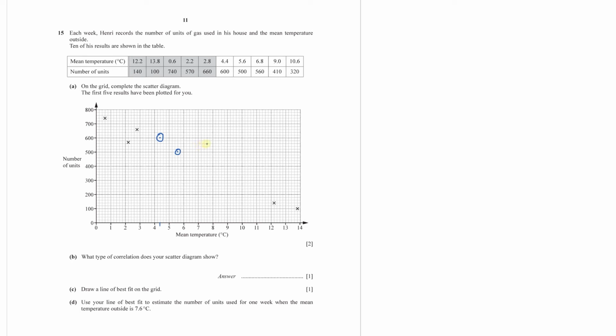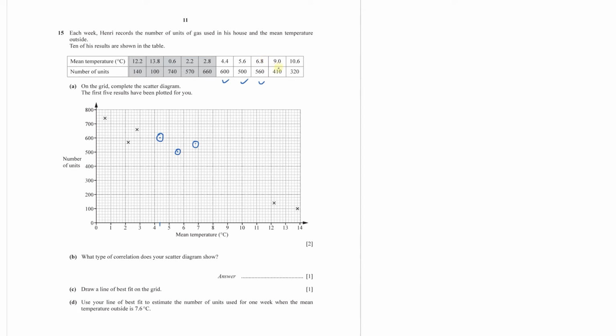So this is 560 and this will be 6.8, one small block before this line of 7. So this is 6.8 and this is 560, then 580, then 600. So this is correct. So I've done this one, and this one.